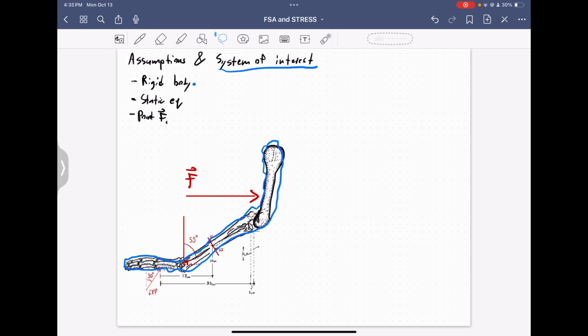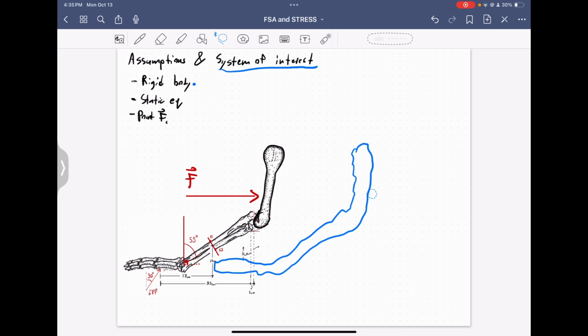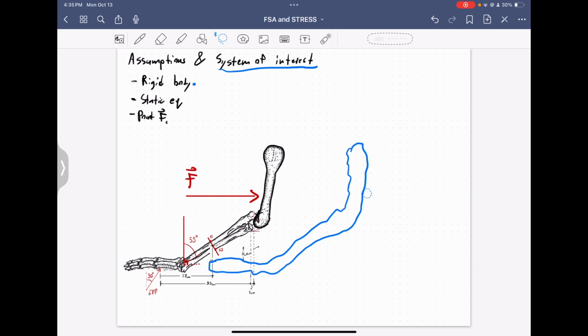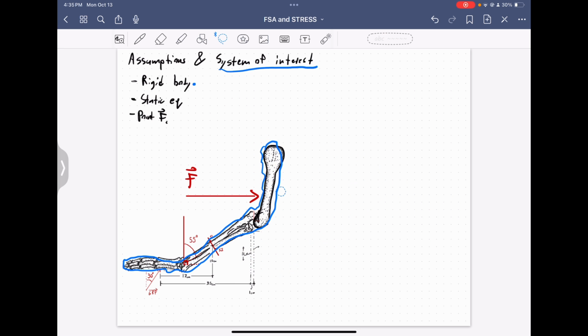This whole thing is going to move this way, right? This ice cube is going to move this way. But we assume static equilibrium. So let's make it more like that question where we have the force here. And if we have the force here, that's going to make it move in that direction.